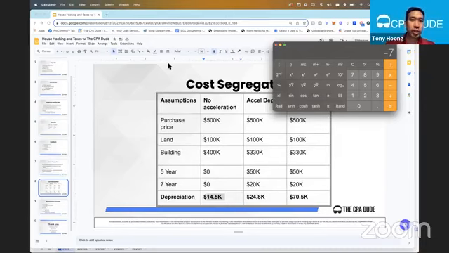You can run a cost segregation later on, and it doesn't have to be within the current year that you buy the property. There is a form called the change of accounting method that you need to do. Then either you'll have a lot of hours spent on TurboTax, or your CPA will have to roll their sleeves up.